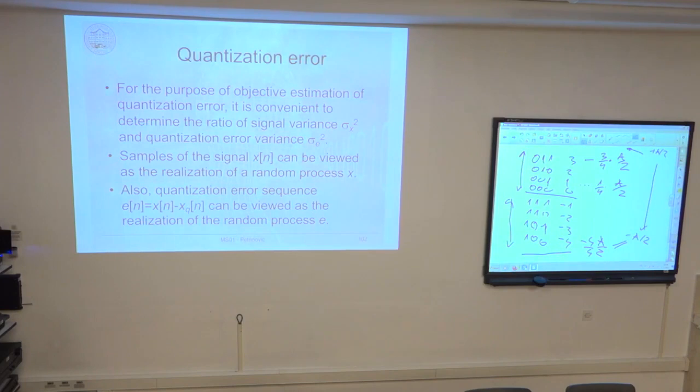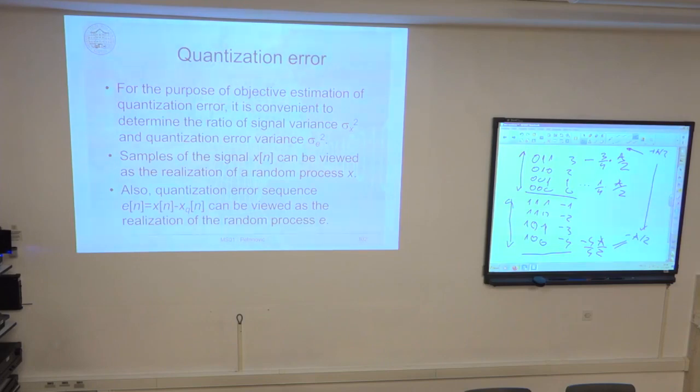And in our derivation, we will assume that these two random processes are independent of each other. What is completely wrong. But nevertheless, it simplifies the theoretical discussion. We will later on show that this assumption is valid under certain circumstances.